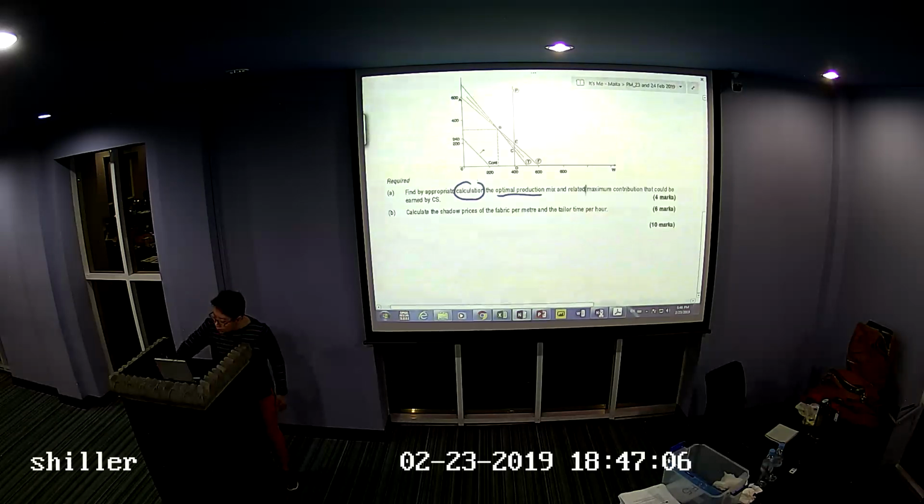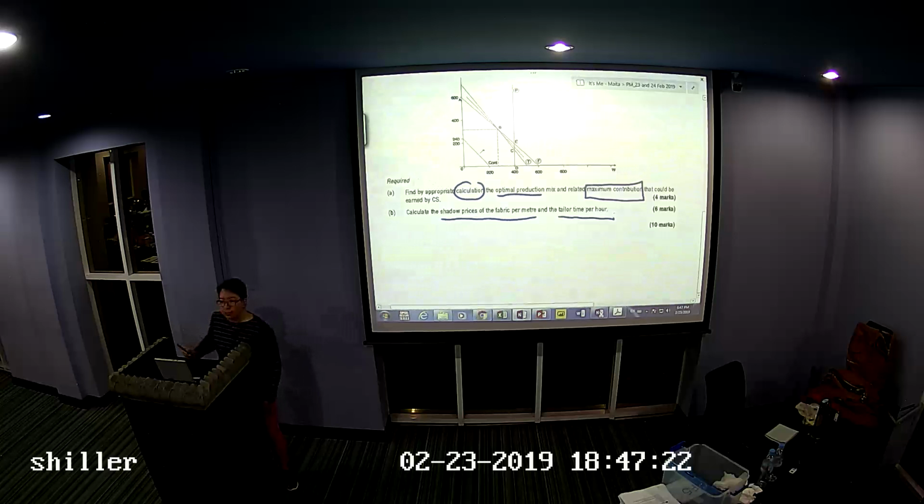That will maximize contribution, correct? And what is the second requirement? Shadow prices of fabric and tailor time per hour. Okay? The shadow price.